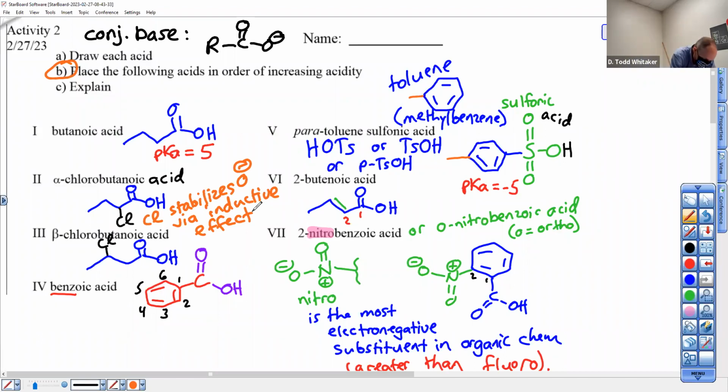So slightly weaker inductive effect, and that's based on distance from O minus being greater, right?